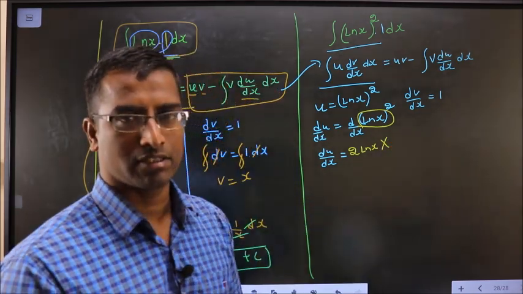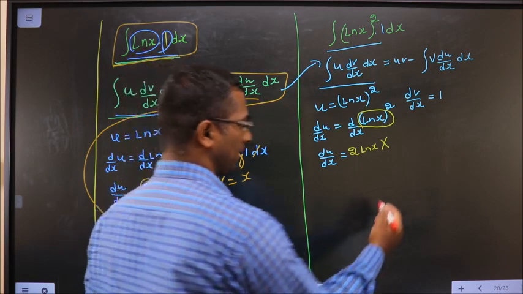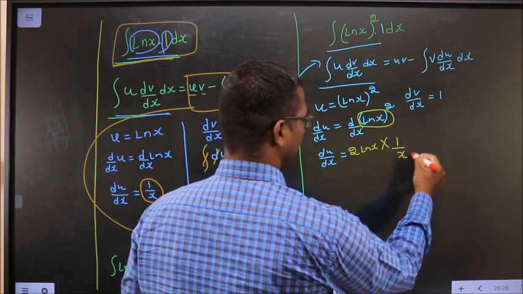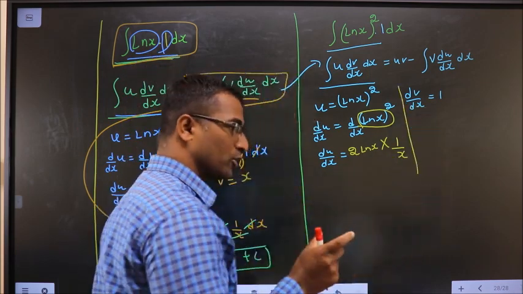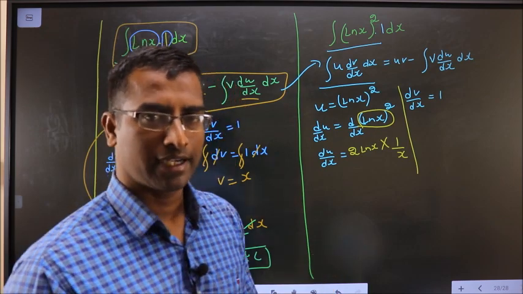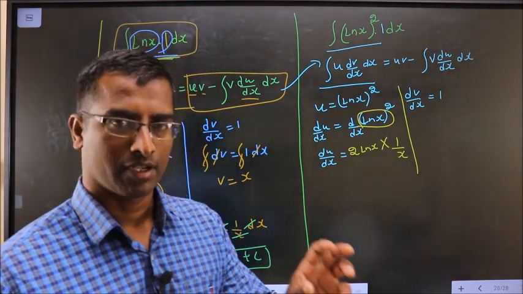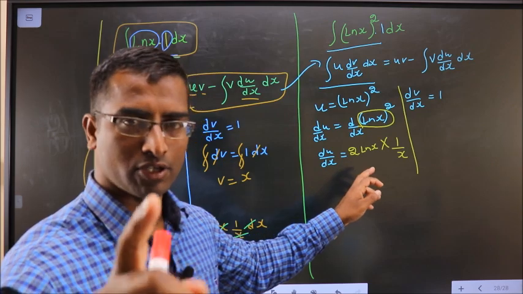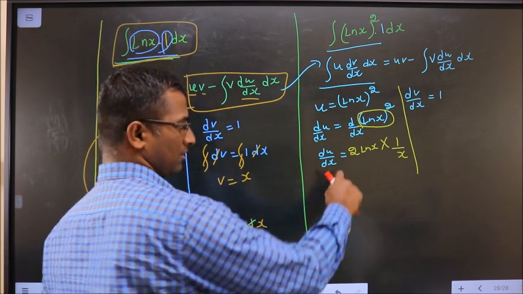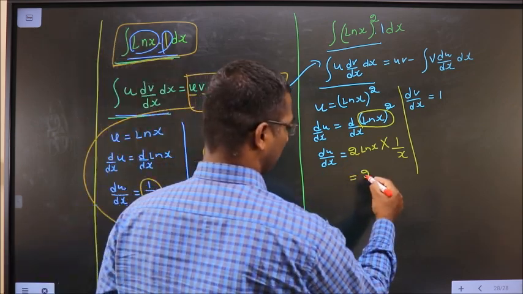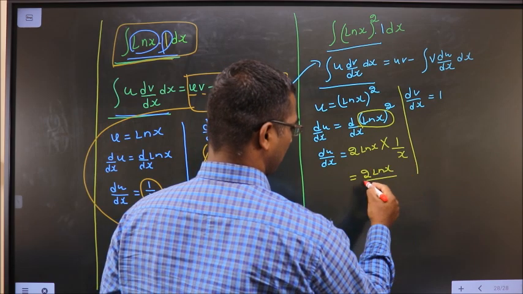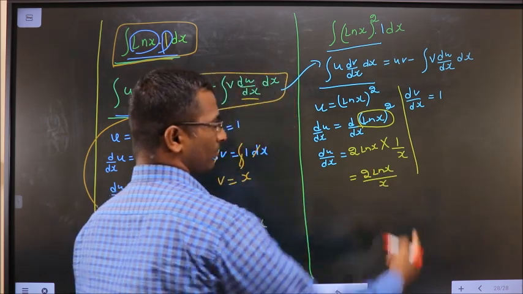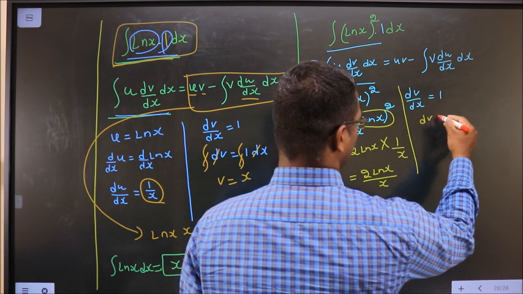So d by dx of ln x is 1 by x. Clear? Chain rule. In place of x, whatever you have, that you should differentiate. Many forget this, you should not forget. So this is nothing but 2 ln x by x. Now send dx to the other side.